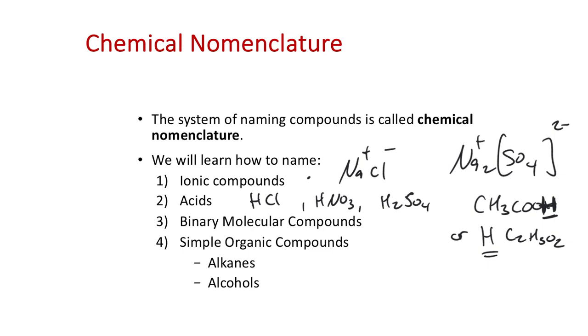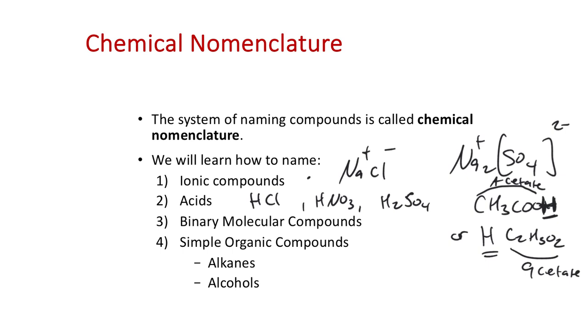So there are two ways that we sometimes write acetic acid: in a more structural way, CH3COOH, or putting the H out in front, HC2H3O2, where this is acetate. This form here is just acetate written out in a different way. And so acetic acid is the acetate ion in its acid form.